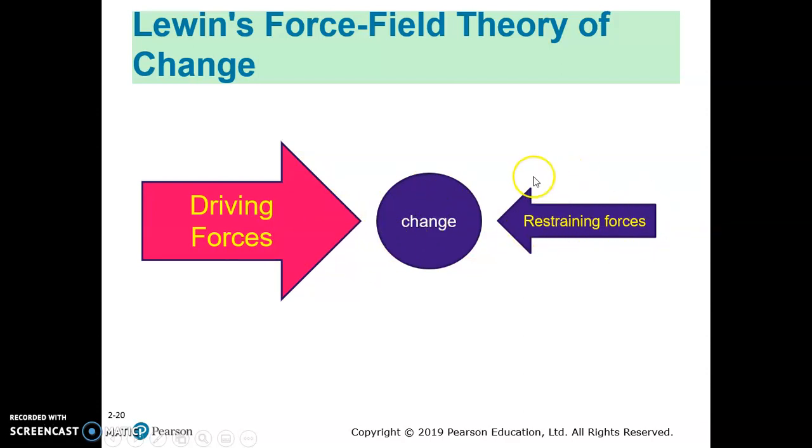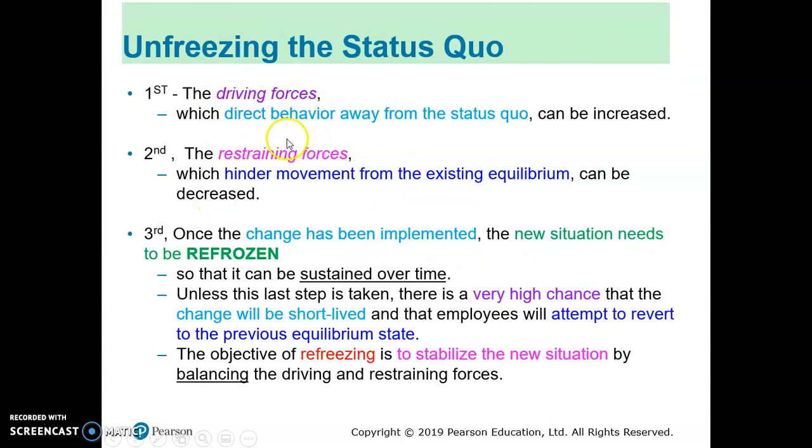If restraining forces are stronger than driving forces, change will not happen because restraining forces will restrain the change from happening. If driving forces are stronger, then they will drive the change and beat these restraining forces. So that's how change is explained in terms of driving forces and restraining forces.